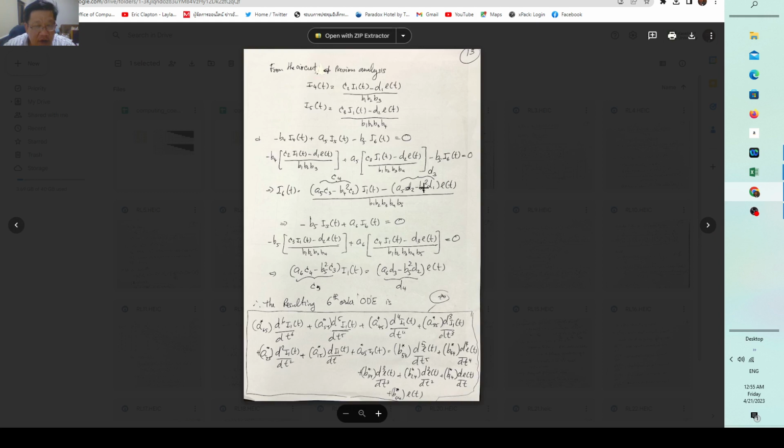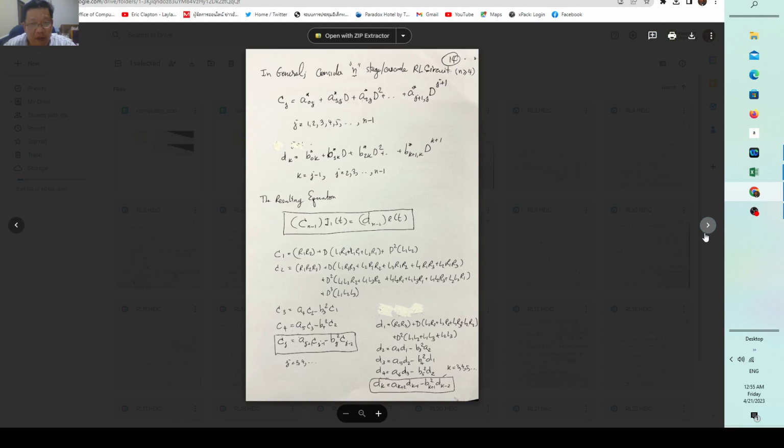The last equation is always going to be C sub 5 I sub 1(t) equal to D sub 4 times E(t). With this appropriate substitution, you can rearrange the terms as a 6th order ODE here.